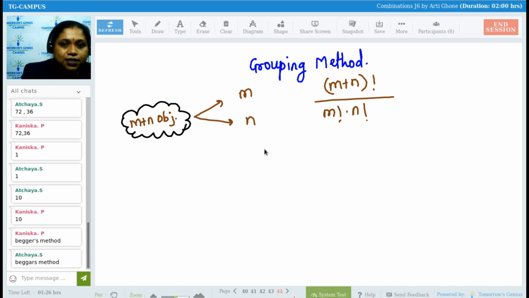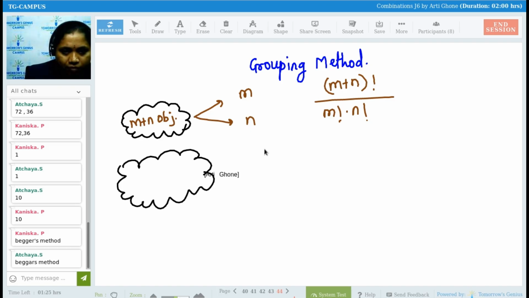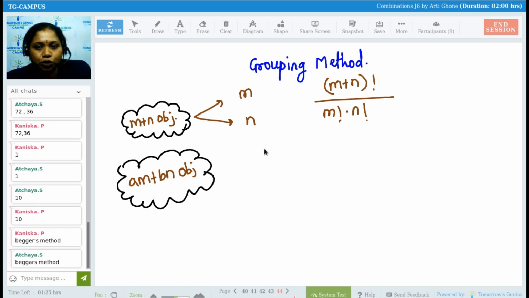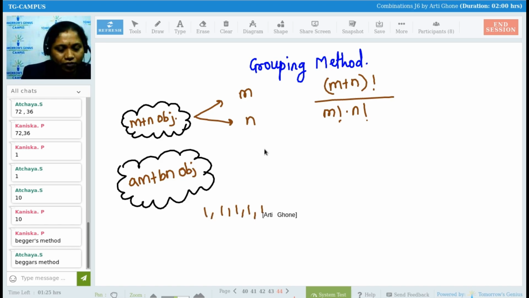Clear? Now, next is a times m plus b times n objects. Like I have five 1s and three 2s. Getting my point? I have five 1s, so 1 1 1 1 1, and three 2s, that is 2 2 2.